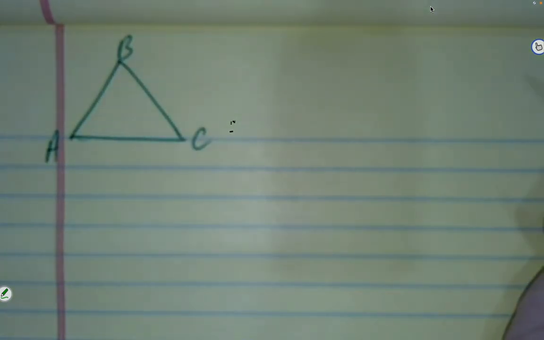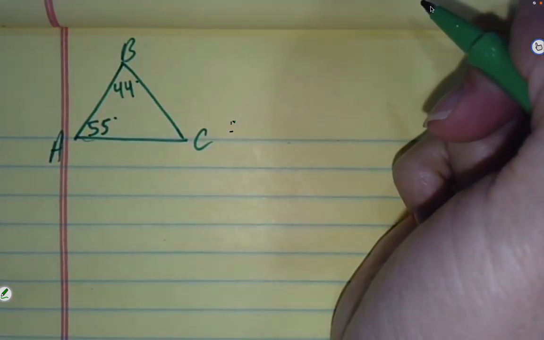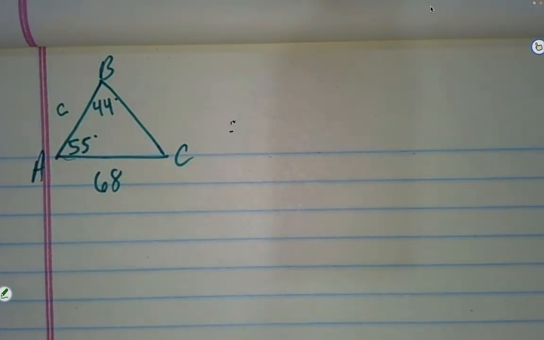A, B, C. And it tells me that big A is 55. Big B is 44. Little b, that means it's across from there, is 68. And it wants me to find AB. Well, that's little c. That's what I'm going to call it.